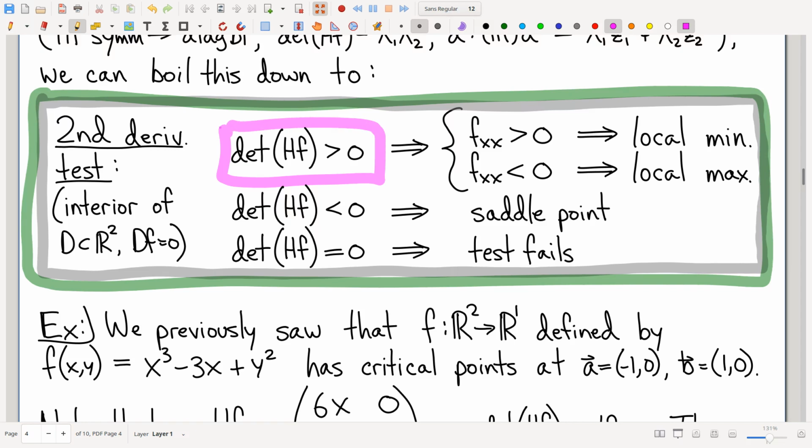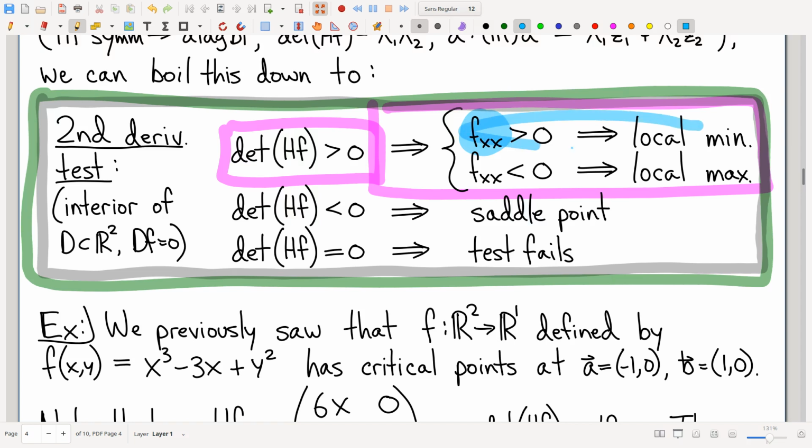The positive case is the one that's kind of most familiar. If that determinant is positive, then you get what you might call a familiar second derivative test. Look at the x second partial. Positive means min, negative means max, just like in single variable.